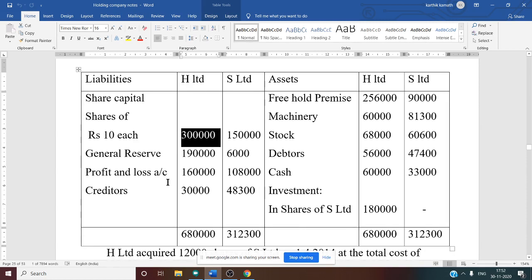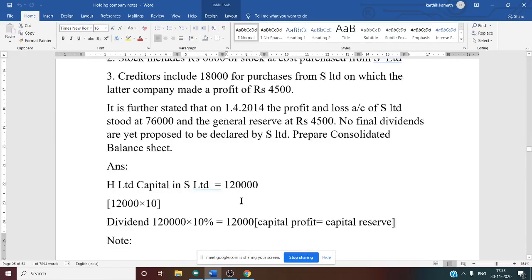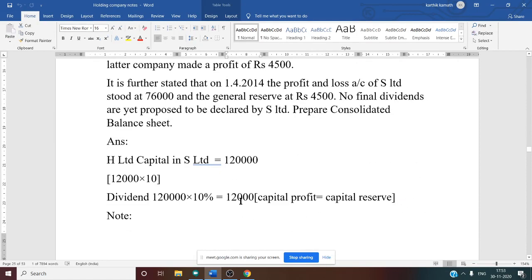Then general reserve. General reserve 1,90,000 is of holding company and subsidiary company 6,000. We can take this 1,90,000 in the consolidated balance sheet, but we cannot take this 6,000. Why? Because again this is shared between majority and minority. So we have to see the majority interest working note.